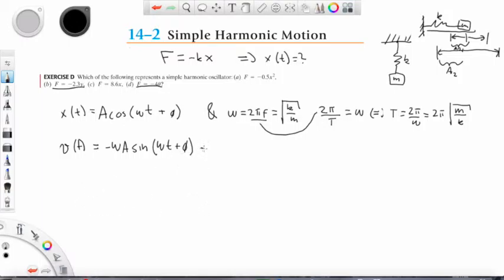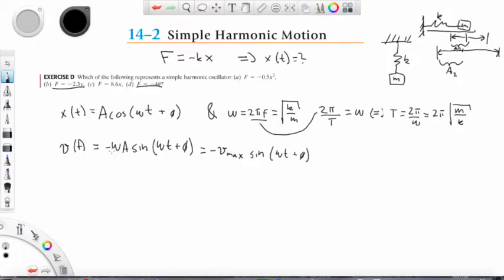And this can be written in the form of V max times the sine of omega t plus phi, because whenever we have something in front of the sine, that is the amplitude of the signal.